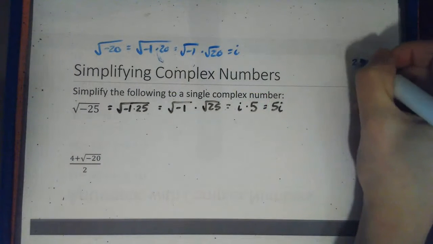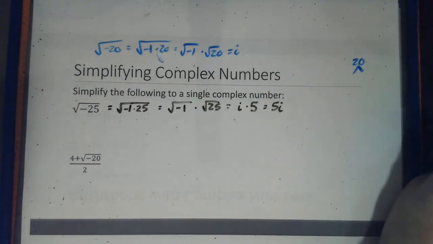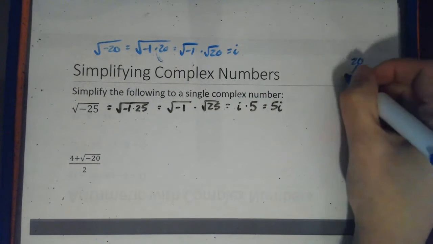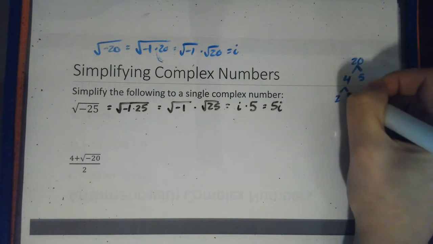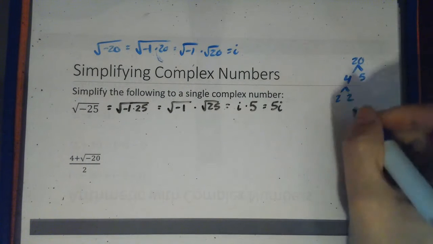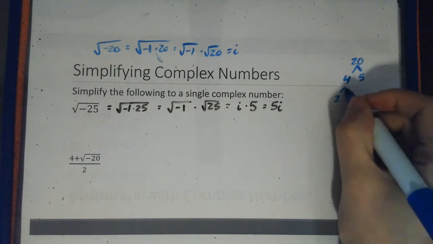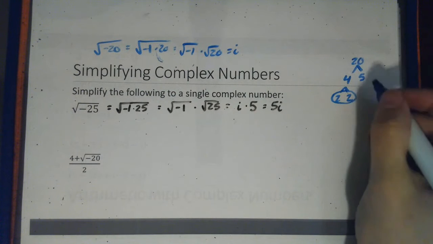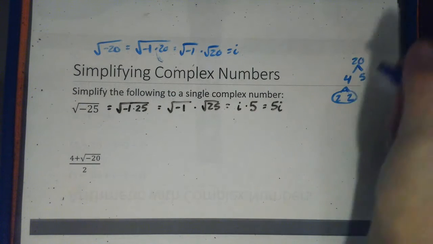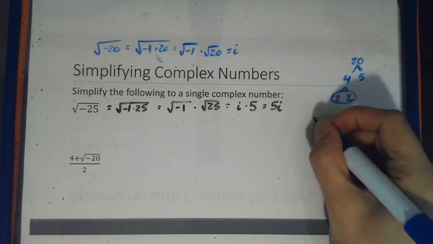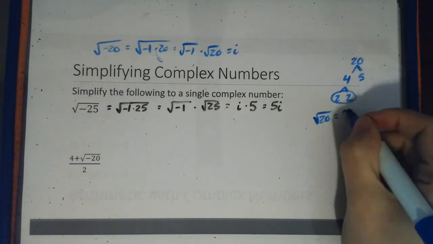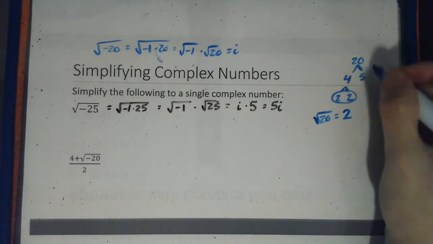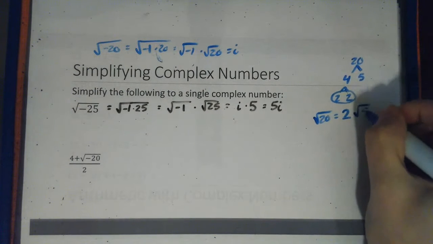Let's see if I can break that down at all. So I'm going to look at the prime factorization of 20. 20 is 4 times 5, and 4 is 2 times 2. I have a pair of 2's, so I can bring them out front, and the 5 does not pair up, so it'll stay under. What I'm saying is the square root of 20 can be written with a 2 out front, and the 5 stays under the radical.